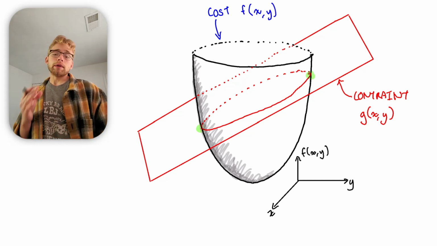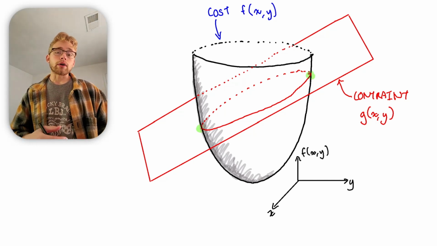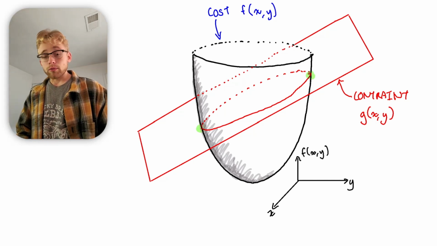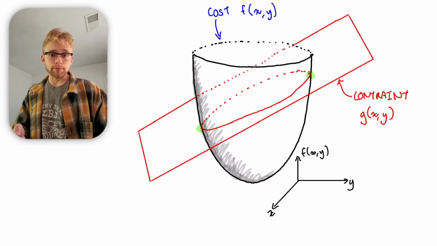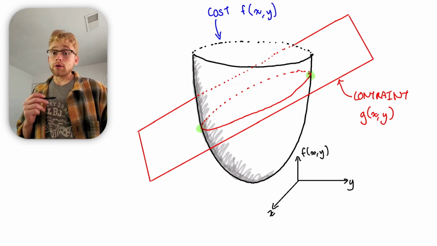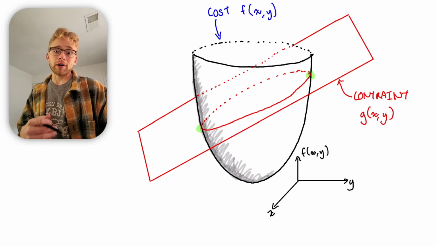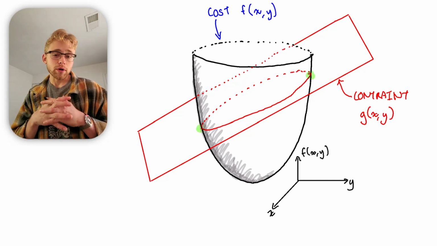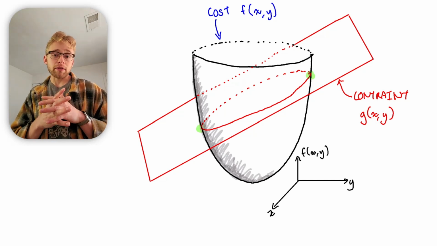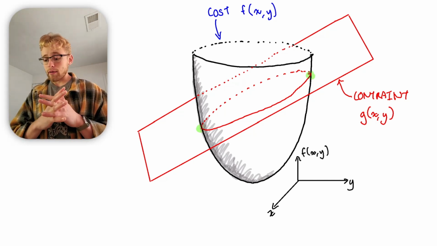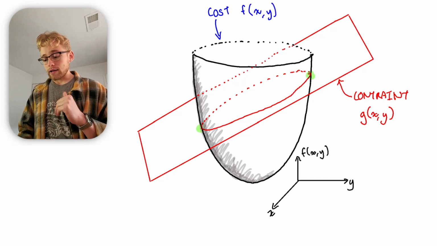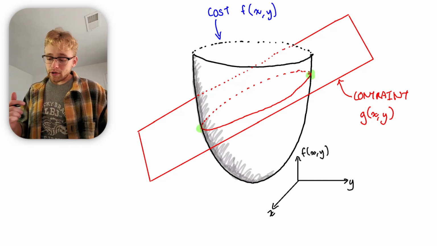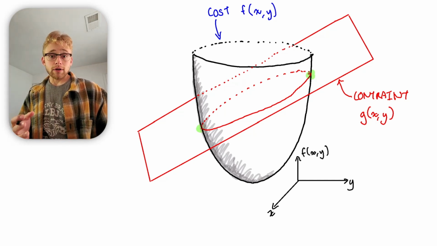Before we get into this section, I would highly encourage you to go back and watch my video on gradients and the gradient function. I would also encourage you to watch my video on the level curve function, because now we're going to take both level curves and gradients and put them together to describe how we can find these critical points. I assume that you know what level curves are, and I assume that you know what gradients are at this point.